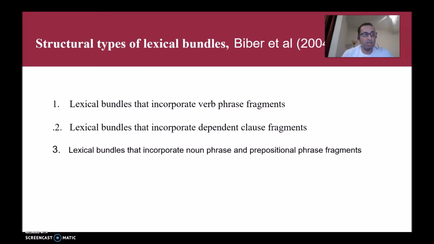So the types of lexical bundles, when it comes to structure, by Biber and his colleagues 2014, has three types: lexical bundles that incorporate verb phrase fragments, the ones that incorporate dependent clause fragments, and lexical bundles that incorporate noun phrase and prepositional phrase fragments.